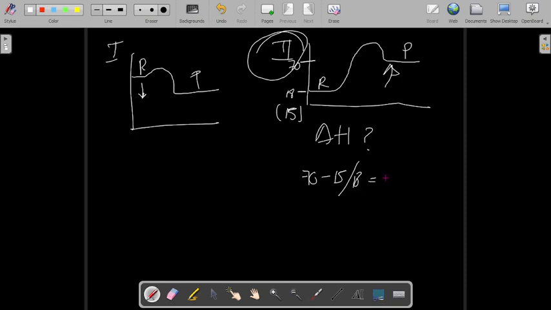They're using kilocalories, so be careful with that. You have to use the right unit. It's about 55 kilocalories of energy. That's the change of enthalpy, and it's positive because it is an endothermic reaction. So this is your answer. It varies a tiny bit depending on how you read this number. Okay, this is number 2.